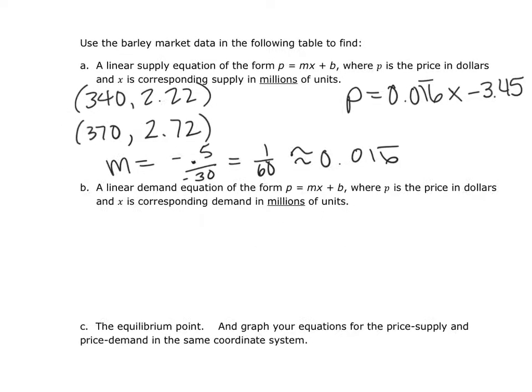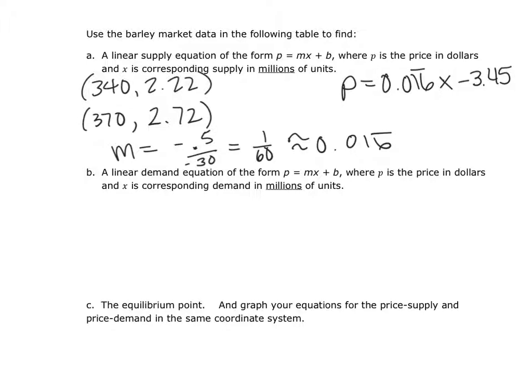I'm going to do the same thing for the equation of the line for the demand, and so I'm going to be using the demand and the prices. My demand is going to be my X, so I use the point 270 in 2002 with a price of 2.2, and in 2003 I had a price of 250, and I have a price of $2.72.